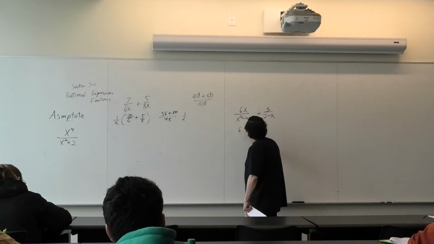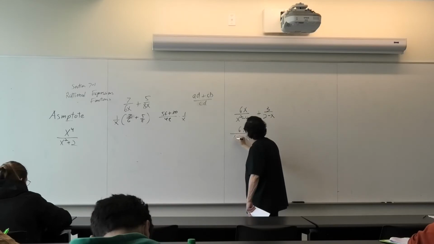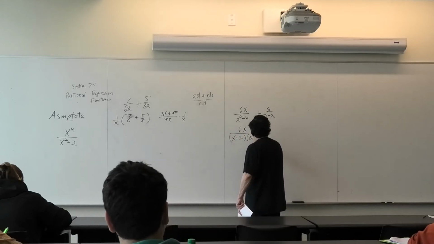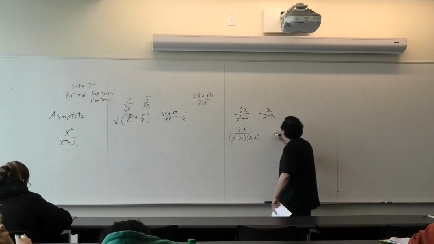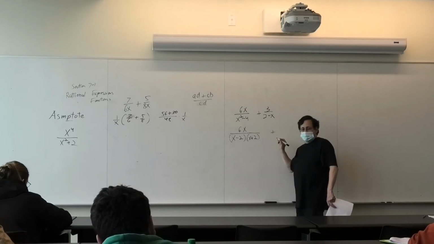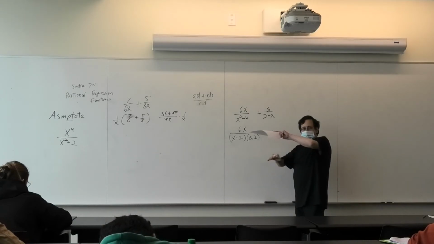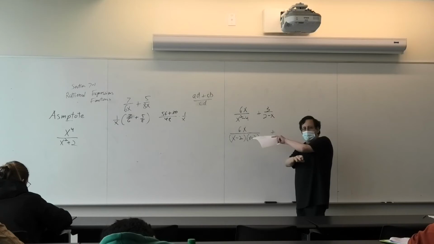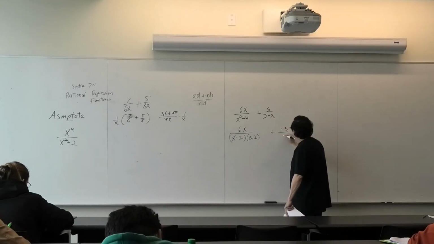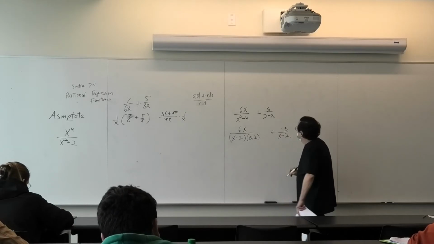So here we have 6x over x minus 2 times x plus 2. And here, I'm going to do some fast hand waving. I'm going to make this minus 3 over x minus 2.